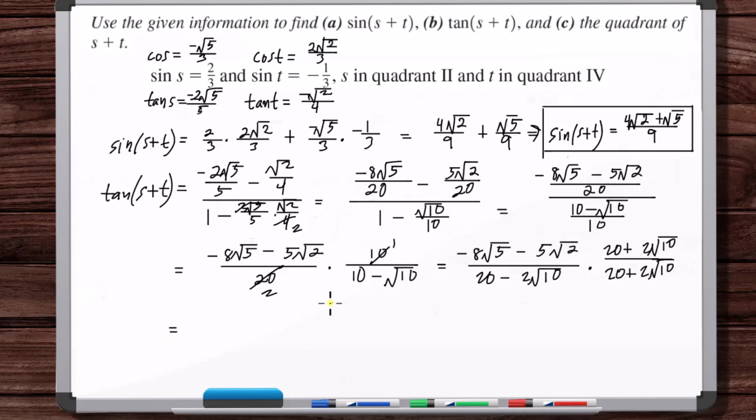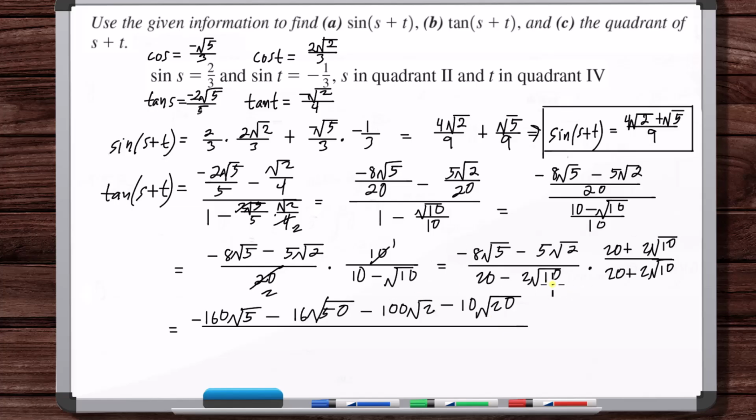So in the numerator, we've got 20 times minus 8 is minus 160 root 5, minus 16 root 50, minus 100 root 2, minus 10 root 20.